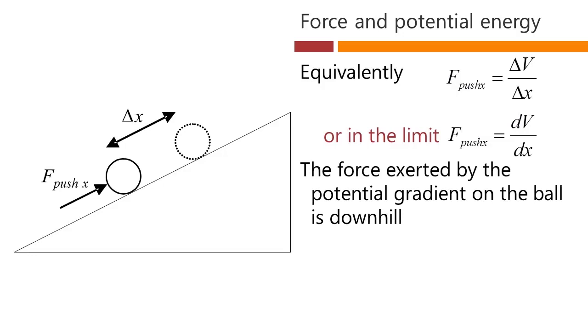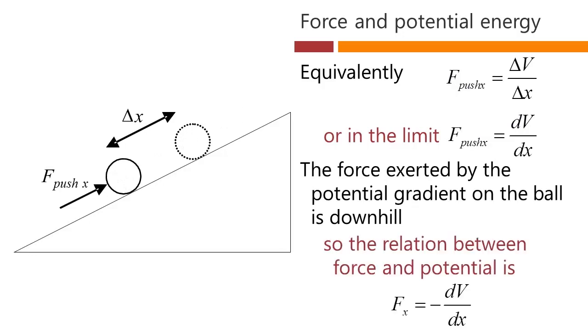Now, the force exerted by the potential gradient on the ball is downhill. In other words, we think here that gravity is trying to push the ball down the hill. So the relation between the force from the potential energy is minus dV by dx. We were pushing uphill to counteract the force that comes from the potential energy, which was trying to push the ball down the hill.